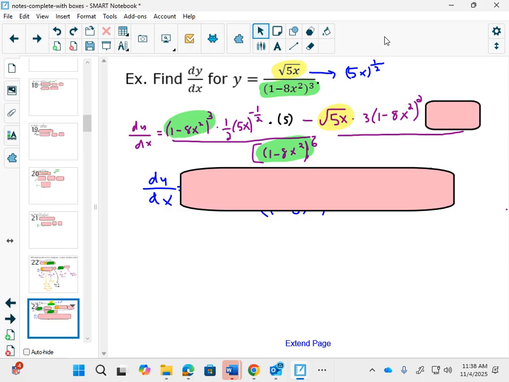Minus, keep the top the same. Do you see that the bottom is also a chain rule? You have a 1 minus 8x squared inside of a cube. So we would do the cube part first, keep the inside the same, then we have to multiply by the derivative of the inside.